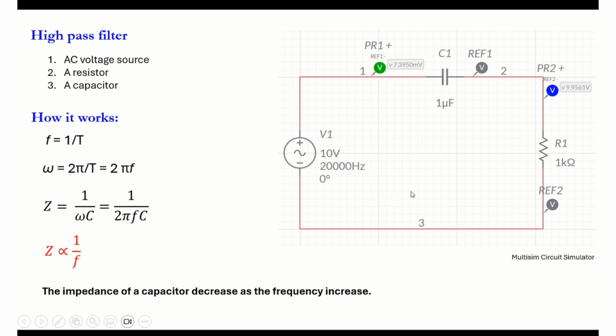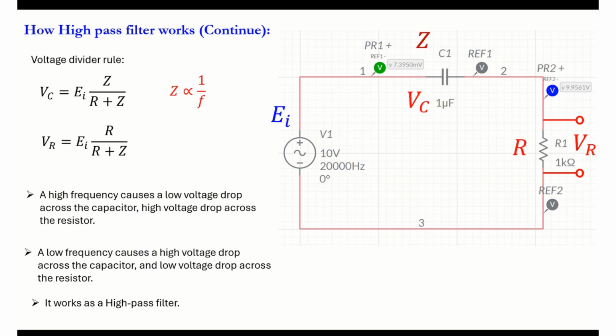This combination makes it possible for the voltage across the resistor to be equal to the voltage of the source, depending on whether the frequency is high or low. We're going to see that in a simulation in a little bit. So let's see how the voltage is divided.